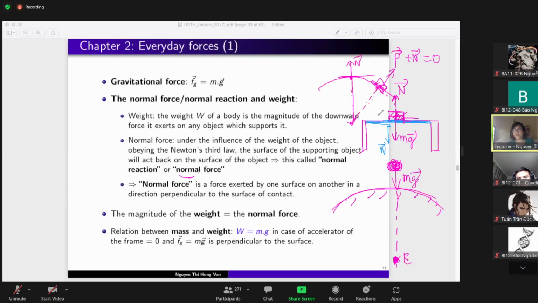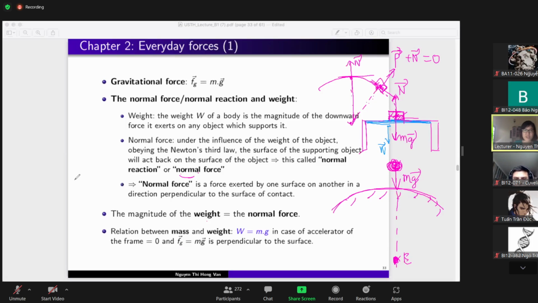Okay, so the second type of force is the normal force. Normal force is a reaction of the surface on the object, because the object pushes a force on the surface. You feel the heaviness, you feel the weight, and the force that the object acts on the surface is W. It's called the weight.